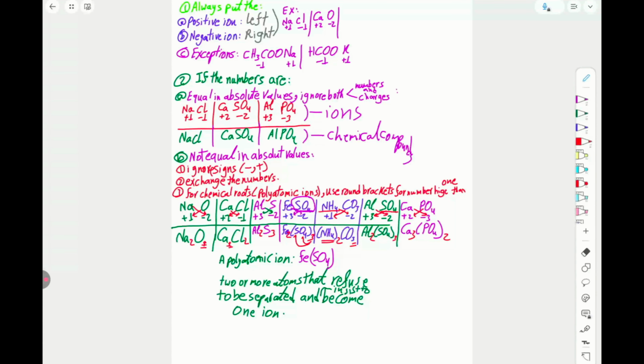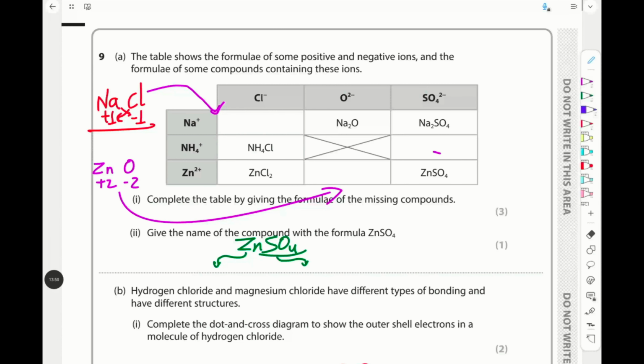Now, my friends, let's go to the question. As you see here, my friends, the question is complete the table giving the formula of the missing compounds. Let's see here. We have this one and this one. So we have Na, which is +1, and we have Cl, which is -1.